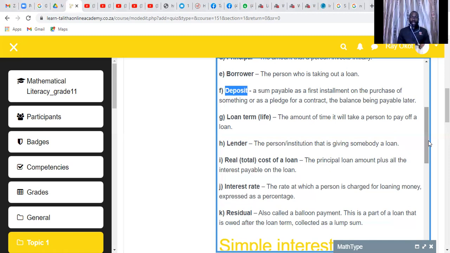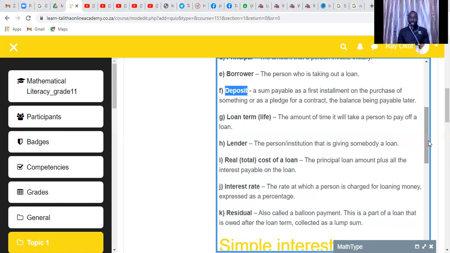But the first money that you give so that the item you want to buy is kept in your name is called the deposit. So by definition, deposit is a sum of money which is payable as a first installment, okay?